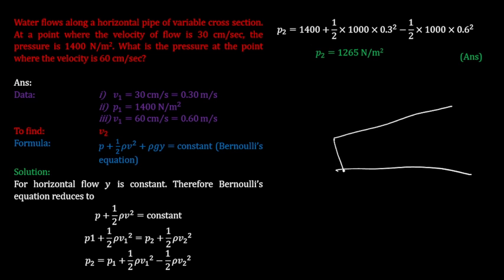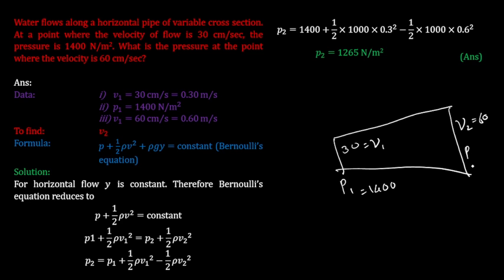At one point, say here, the flow speed is V1 = 30 and the pressure P1 is 1400 with the unit given, and at some other region, say here, the flow speed is 60, we have to calculate the pressure at this region.